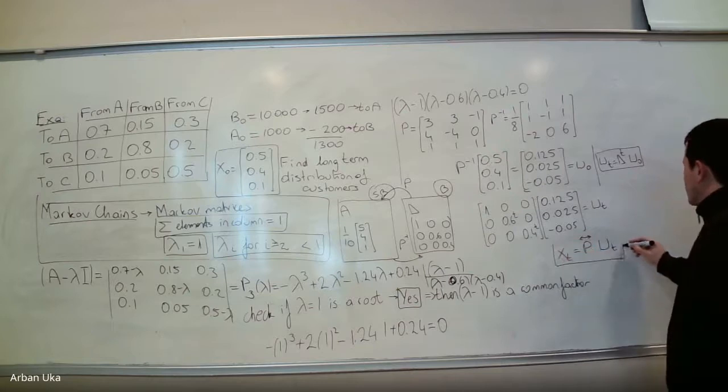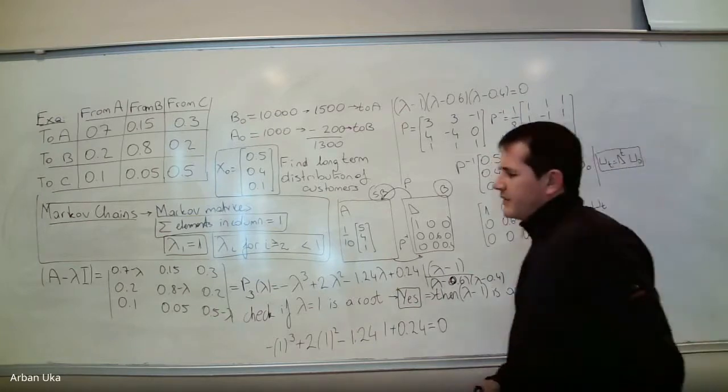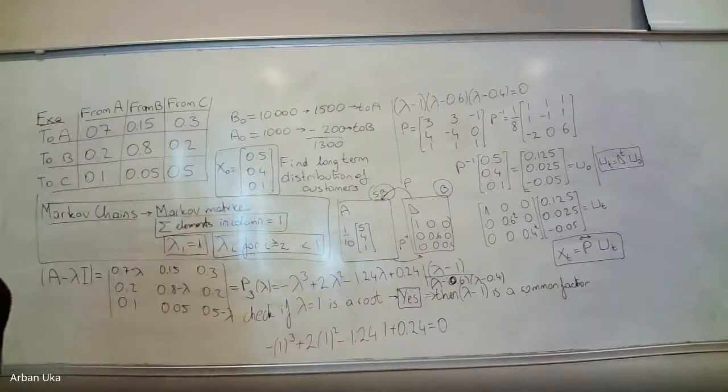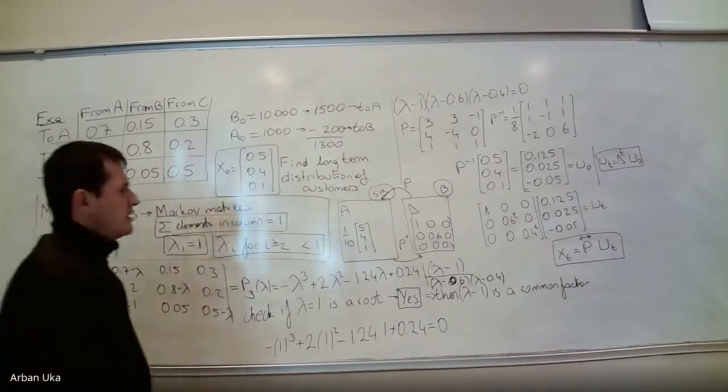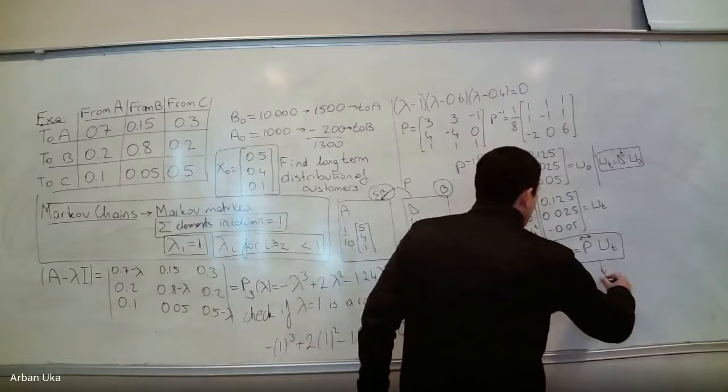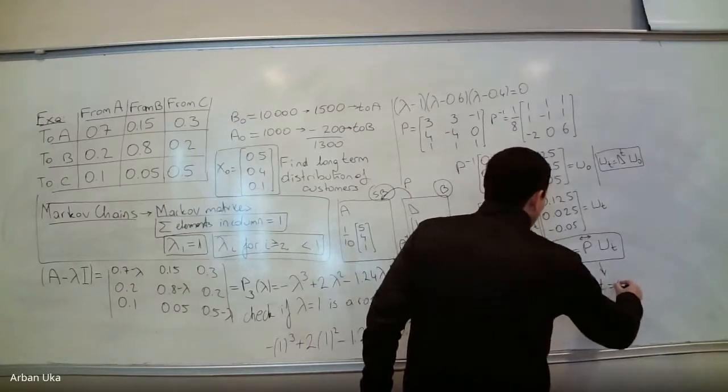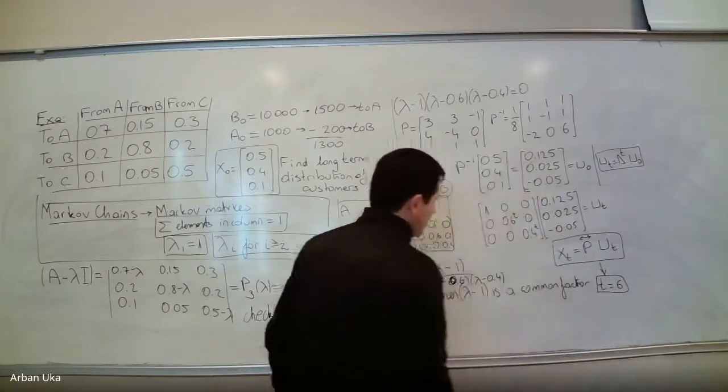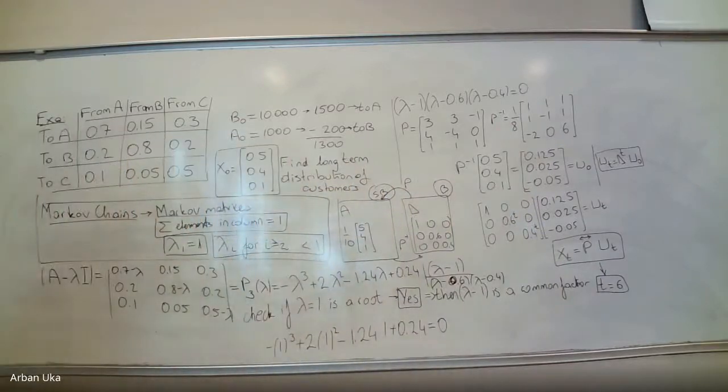Now, if we insert any value for t, as we did in the previous case, where we inserted, for example, t equal to 4, or t equal to 3, or whatever, we can find a precise point in time. We can find what happens when t is equal to 6, for example, and then we can observe what we get.